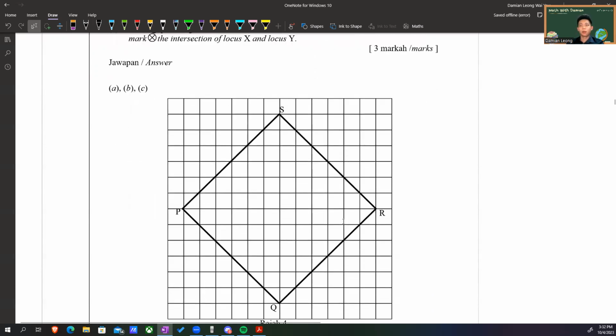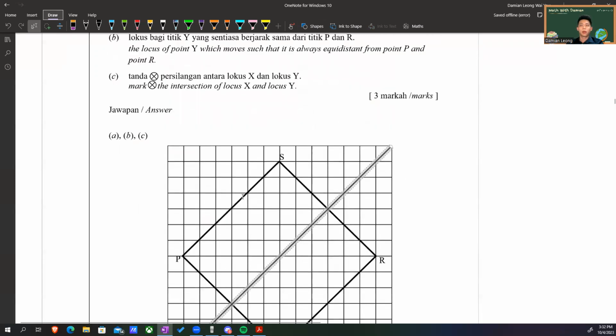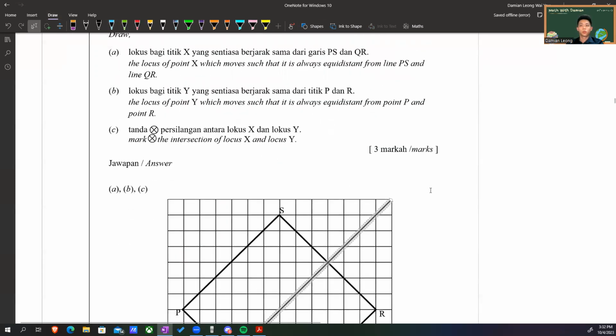Equidistant means right in between. So it's a straight line right in the middle of these lines and parallel to them. So it will be here, basically this line, parallel to QR and PS.